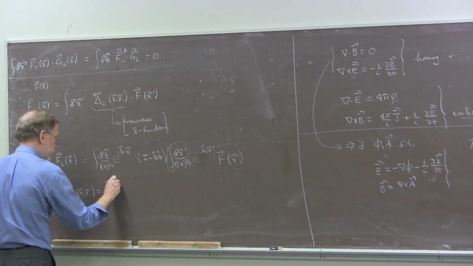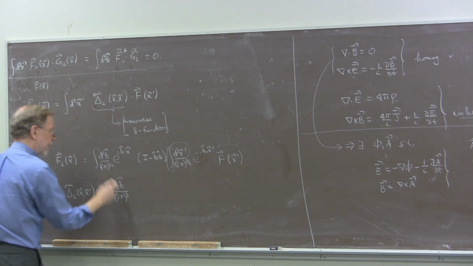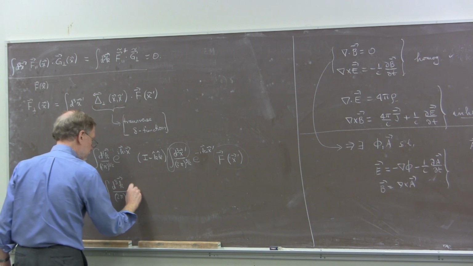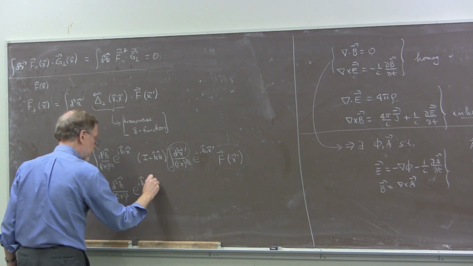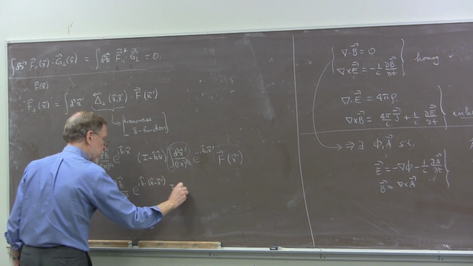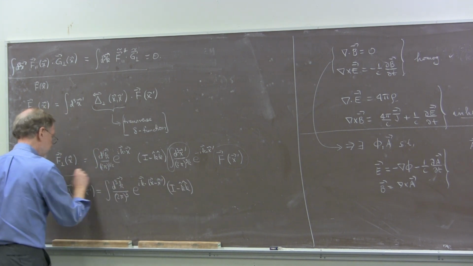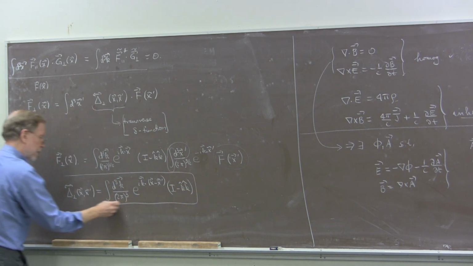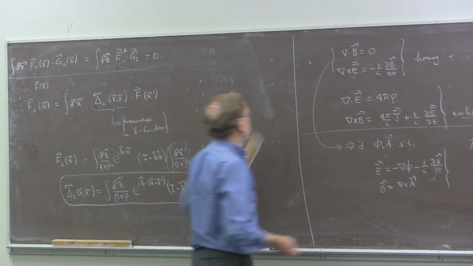That k integral remains, d cubed k divided by (2 pi)^3, since there are two factors of (2 pi)^(3/2). There's an exponential, e to the ik dotted into x minus x prime. And then all that's left over is the projector in k space, identity minus k hat k hat. This is a useful expression for the transverse projection operator.